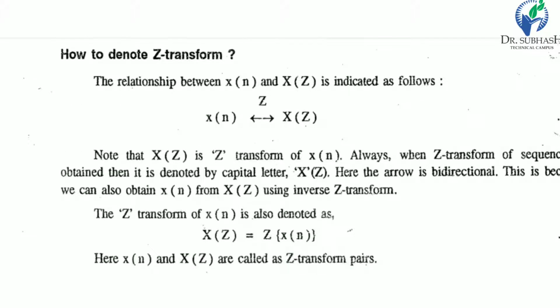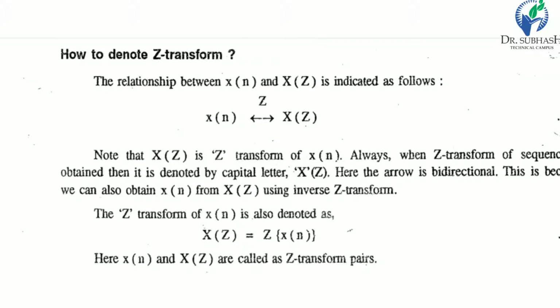The question is how to denote Z transform. The relation between x of n and x of z is indicated as follows. x of n, Z transform, x of z. Note that x of z is a Z transform of x of n.